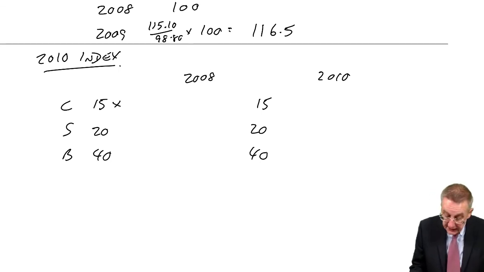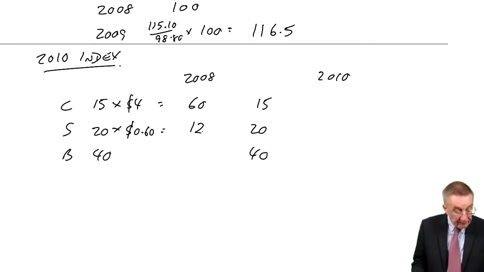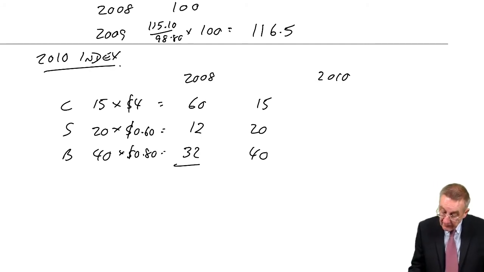So in 2008, it was $4 for coffee, 60 cents for sugar, 80 cents for bread, which comes to what, 4.32? So a total of 72, 74, 104.